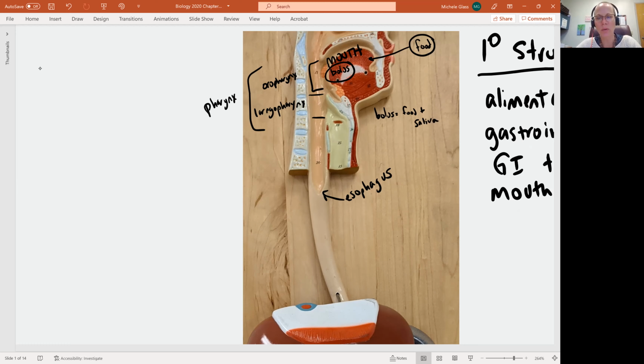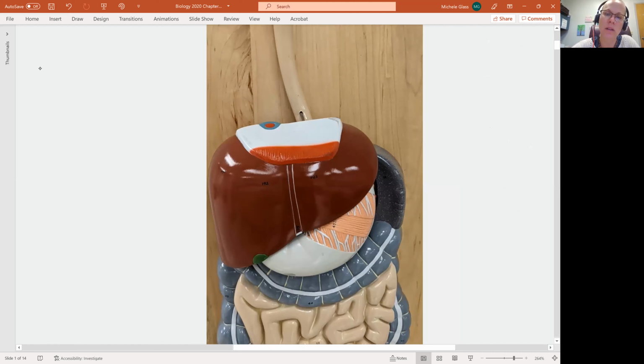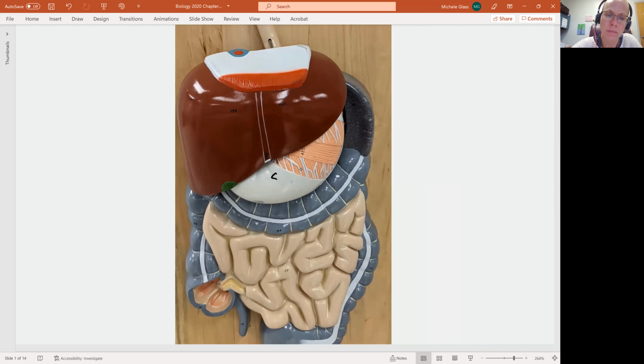So we swallow that bolus and it goes in the esophagus down to the stomach. And at this point, we're going to call it chyme. So when you get bolus plus hydrochloric acid from the stomach, we're going to call that chyme. So really those terms are telling us where the food stuff is in the GI tract, what time frame is it in our digestion, things like that.